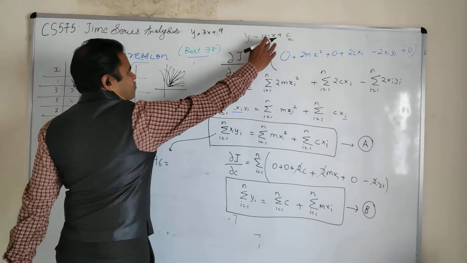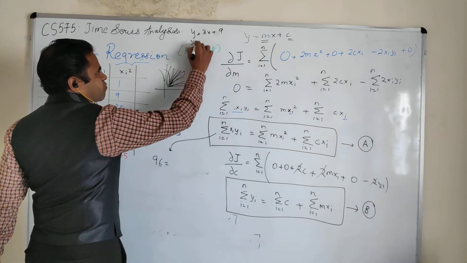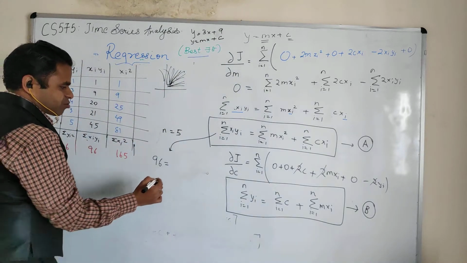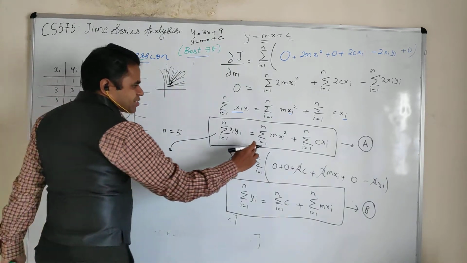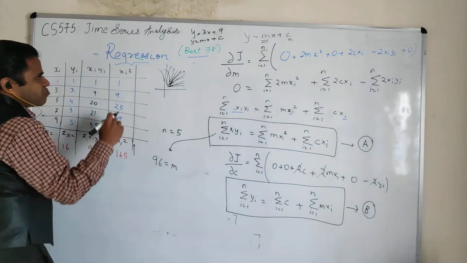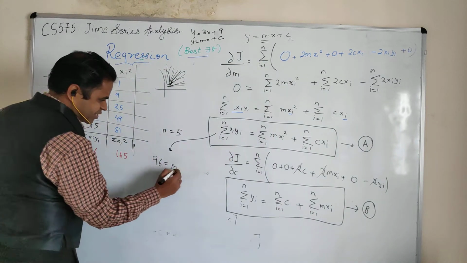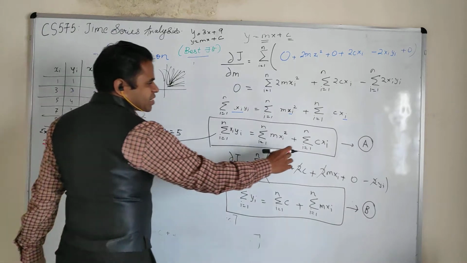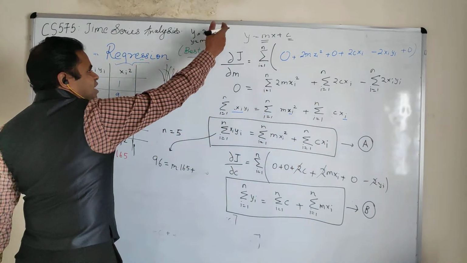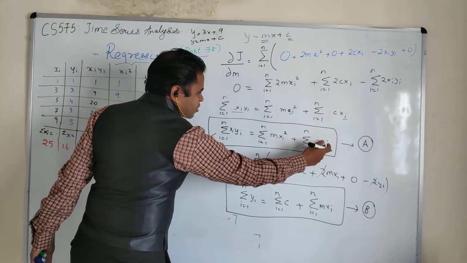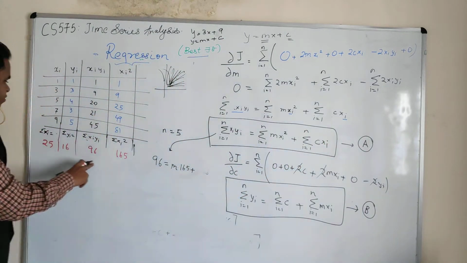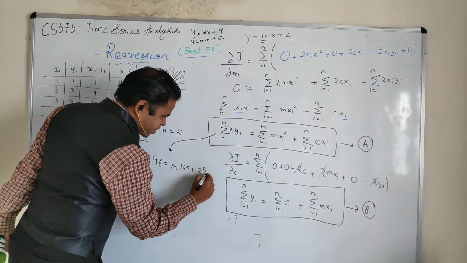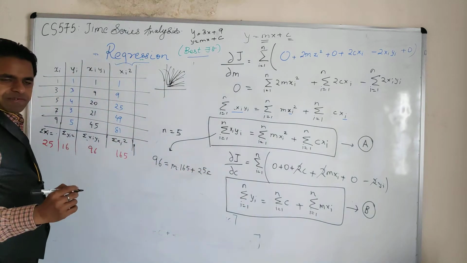When you write the equation y equal to mx plus c, m and c are constants. So m can be taken out: summation of xi square from 1 to 5, and xi square sum is 165. Plus c, again a constant, times the summation of xi, which is 25. So 25 into c.